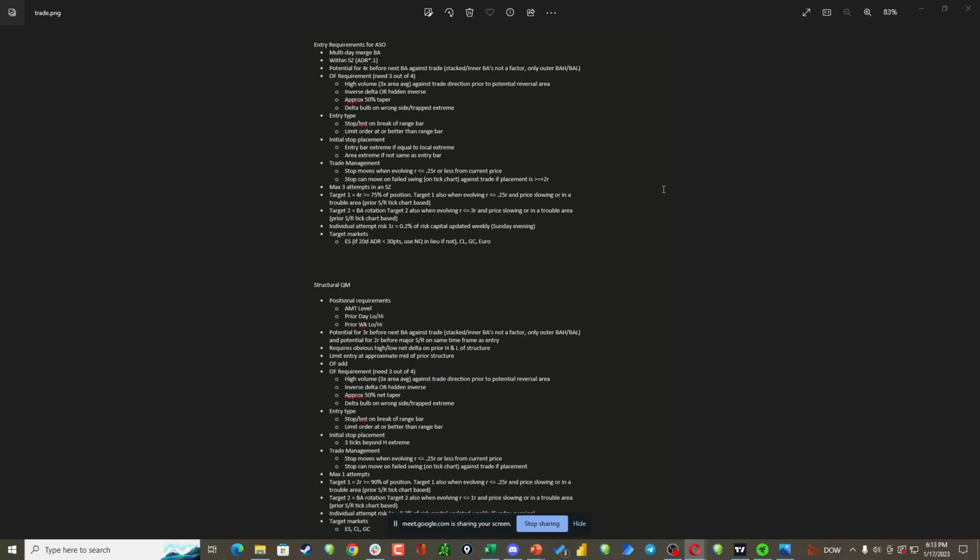And then order flow requirements listed out here, needs 3 out of the 4. I'm not going to go into each one of these unless you really want to dig into this. I can read it and ask questions, or you can point out the stuff that you think is highly relevant. What's highly relevant is not so much the plan as opposed to taking marginal trades or things that don't really work into the plan.